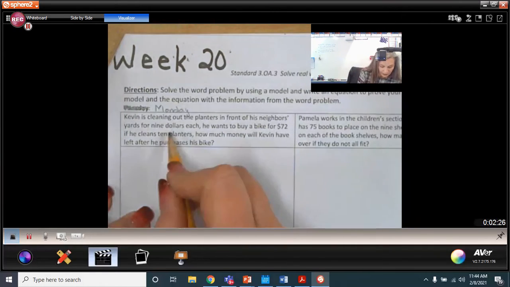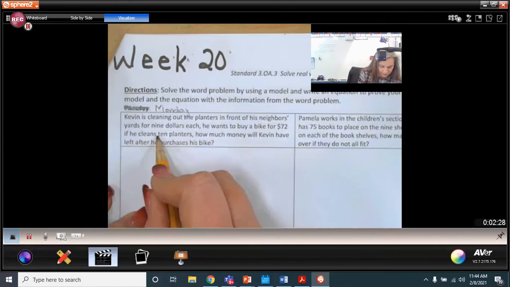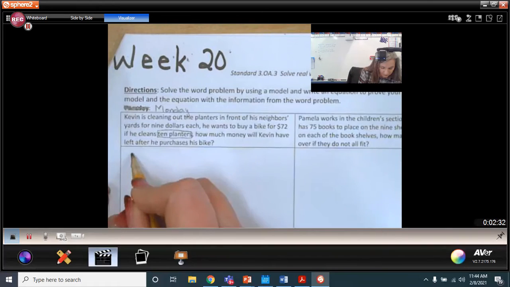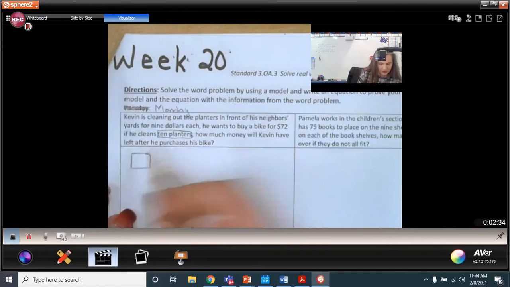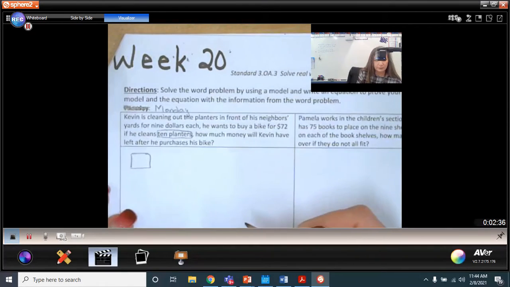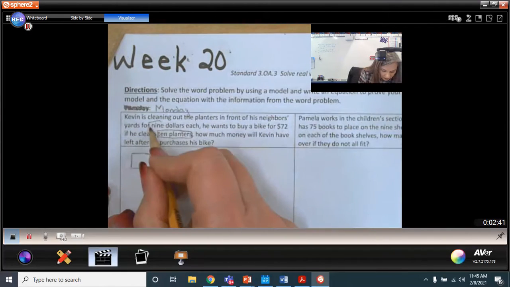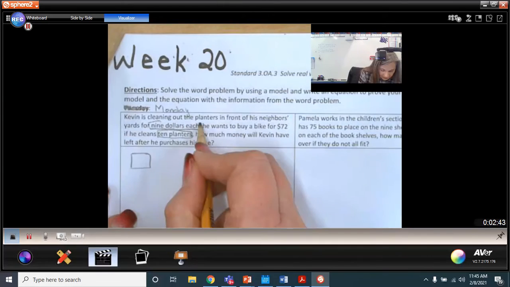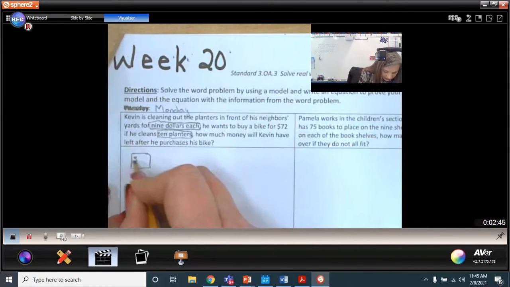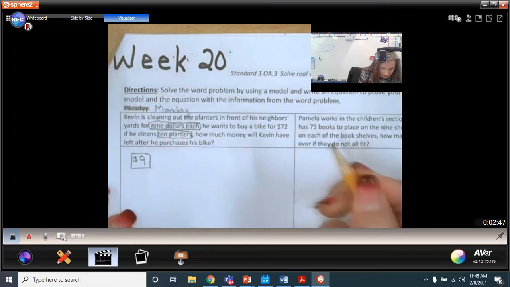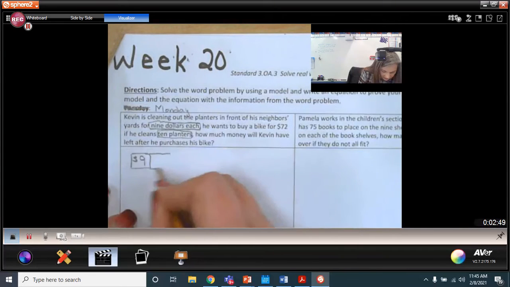So let's think about if he cleaned 10 planters. Well, let's think about one planter. If he cleaned one planter, how much would he earn? He would earn $9 for each planter that he cleaned. If he cleans another planter, he gets another $9.